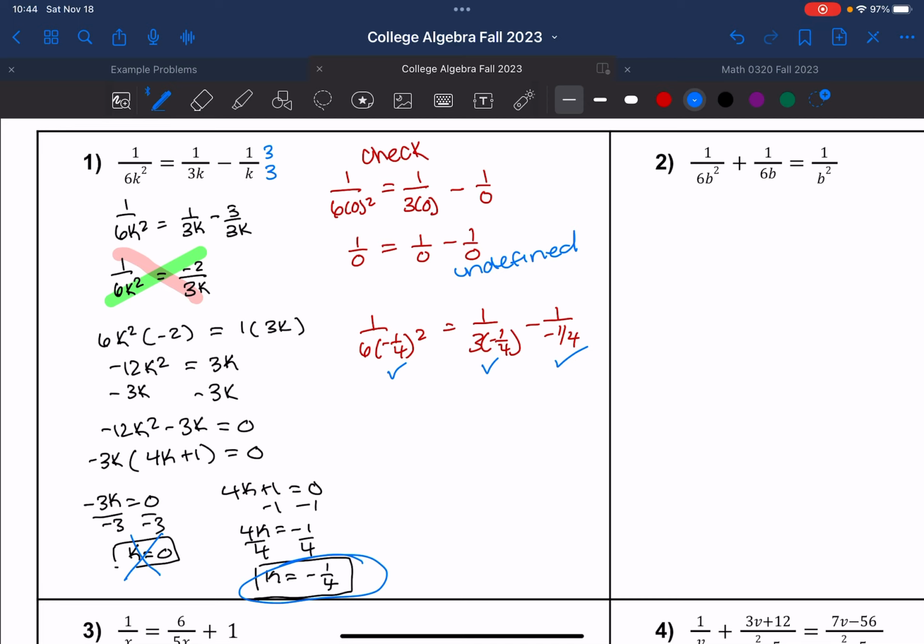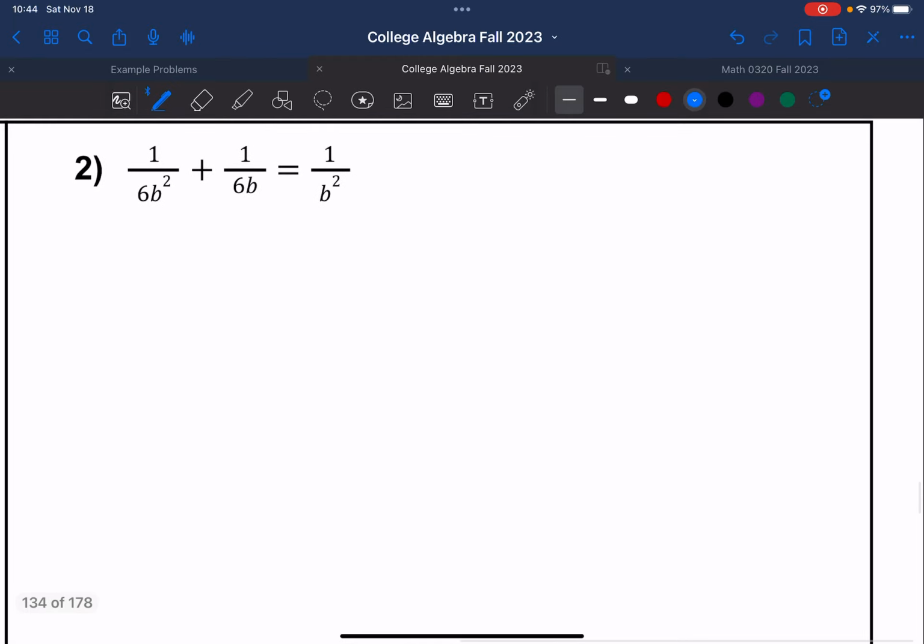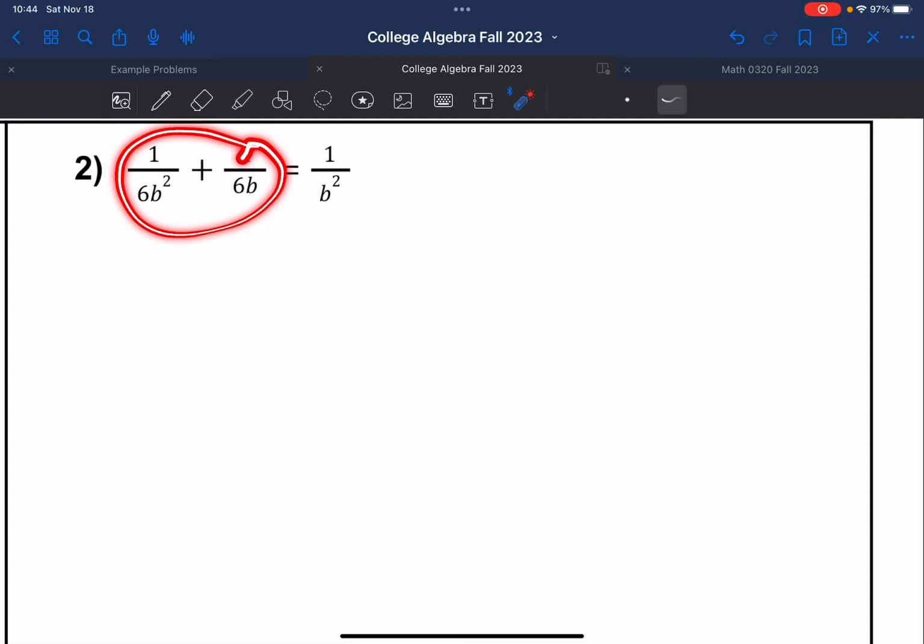Okay. So now let's look at number 2. Using that same method, remember my goal is to have a fraction equal to another fraction. So on my right side, I already have one fraction. But on my left side, I'm going to have to find a common denominator and then combine them.